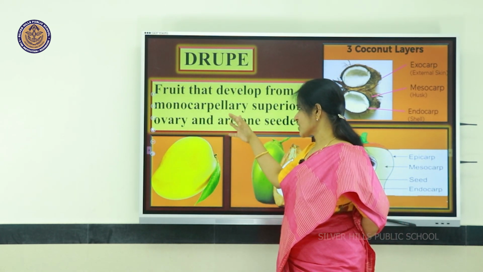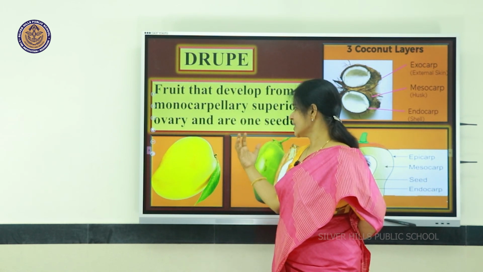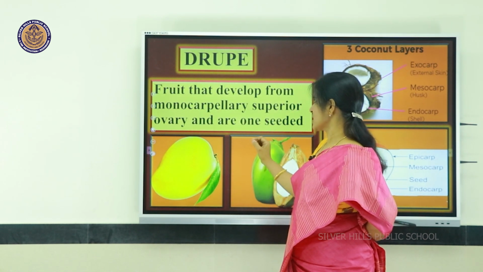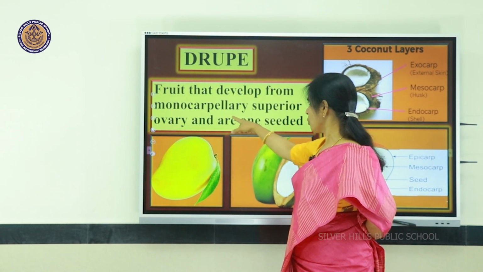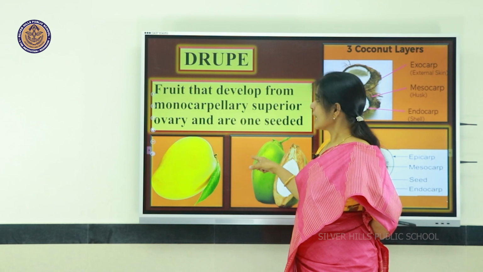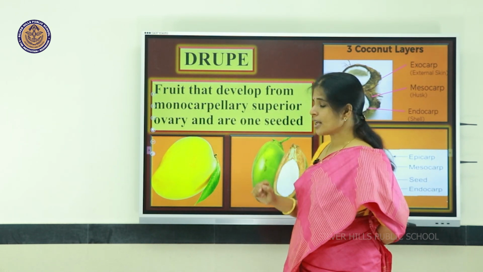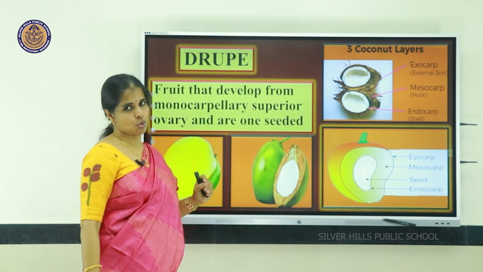The ovary wall layers convert into the fruit. So fruits that develop from a monocarpellary superior ovary are known as drupe. Examples of drupe are coconut as well as mango.